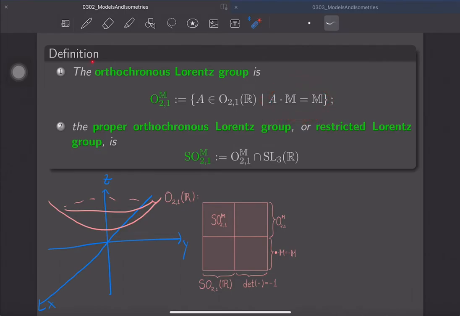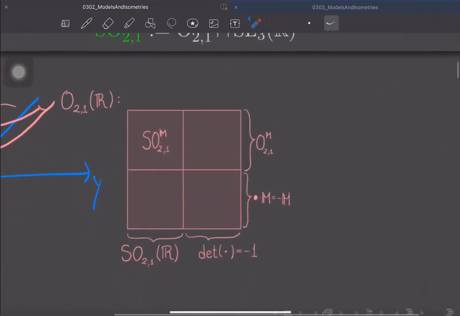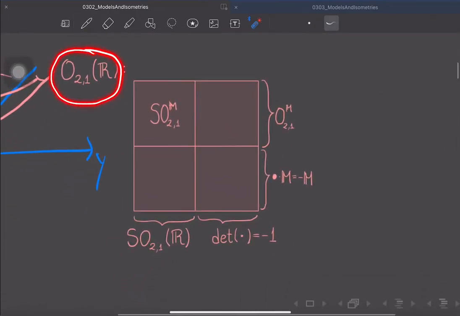This way we define the so-called orthochronous Lorentz group. Orthochronous is an adjective that comes from the applications to special relativity. And then the restricted Lorentz group is the subgroup of the orthochronous Lorentz group consisting of those elements that not only have this property, they also have determinant 1.